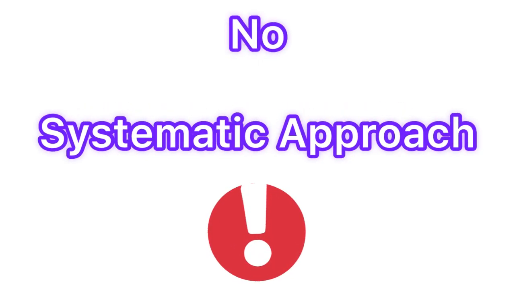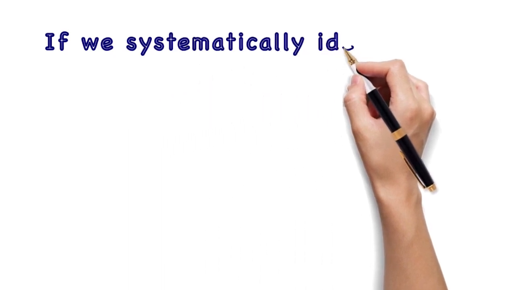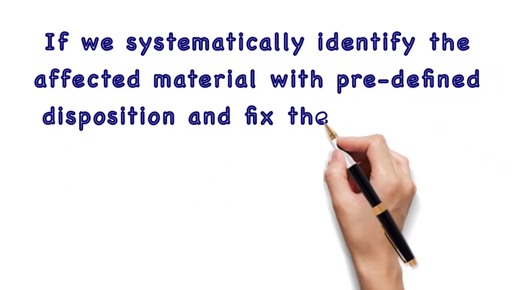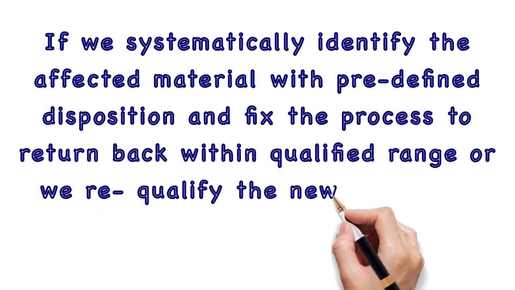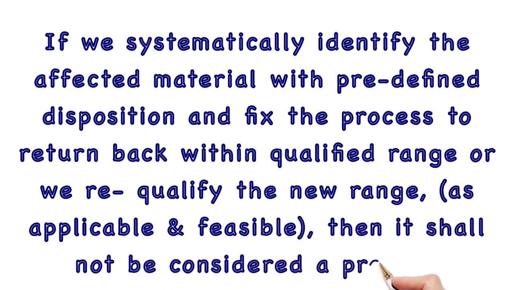But we shall consider that only if there is no systematic approach to deal with this increase. So it is uncontrolled. Otherwise, if we systematically identify the affected material with predefined disposition and fix the process to return back within the qualified range, or we requalify the new range as applicable and feasible, then it shall not be considered a problem requiring RCI.